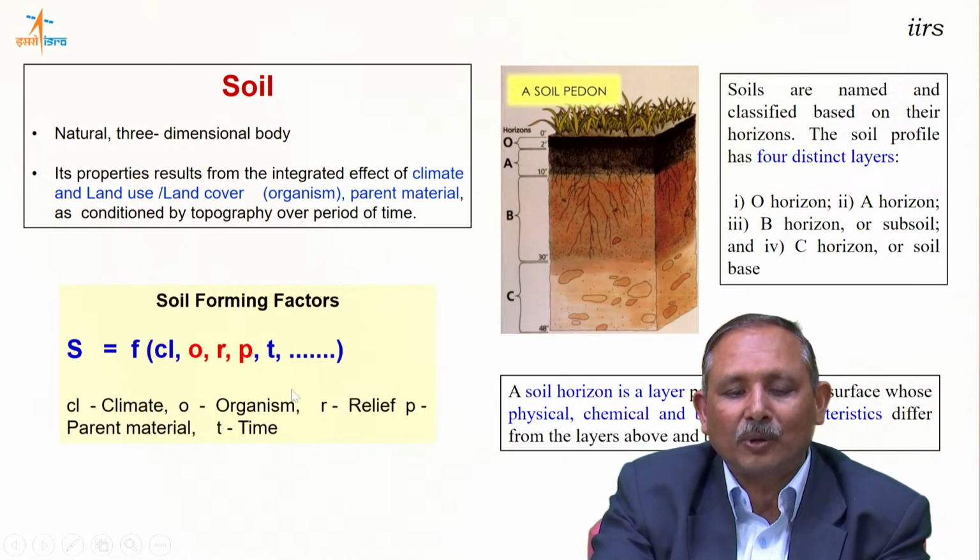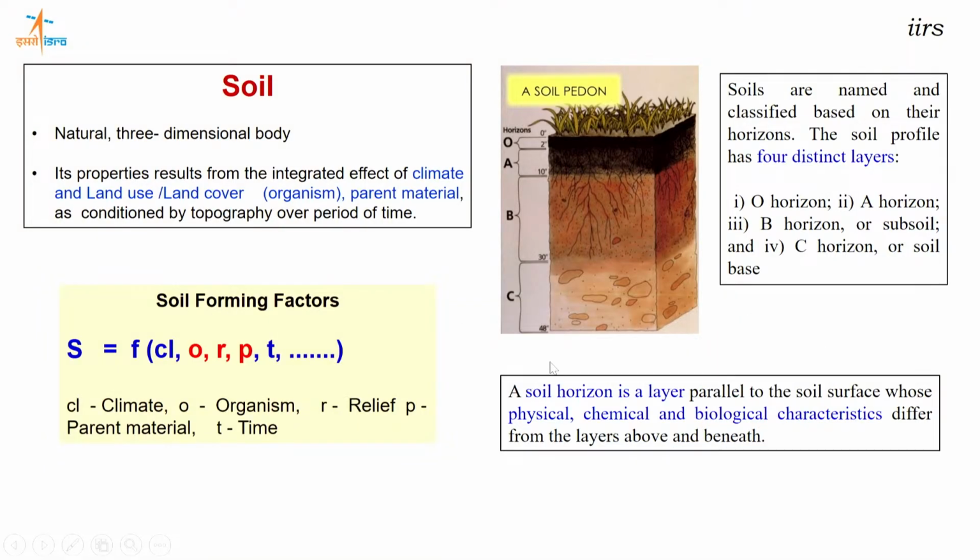These factors were responsible for developing its physico-chemical characteristics, and in this soil mapping we study the different horizons, various layers: the top organic horizon, A horizon, B horizon, C horizon. So we study these different layers. For a soil horizon, you take the samples horizon-wise and then you characterize. So this is the soil for us, not only the surface material.